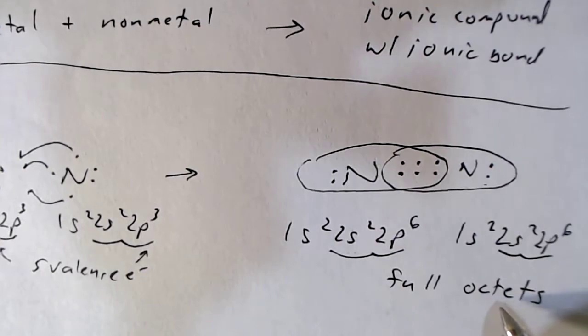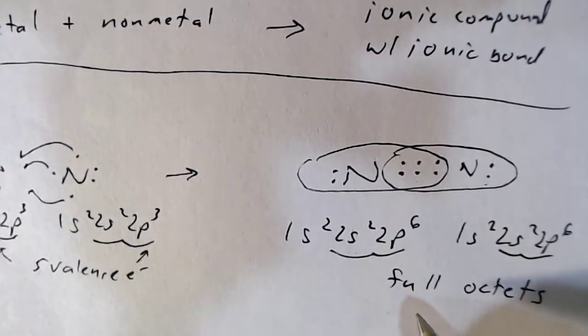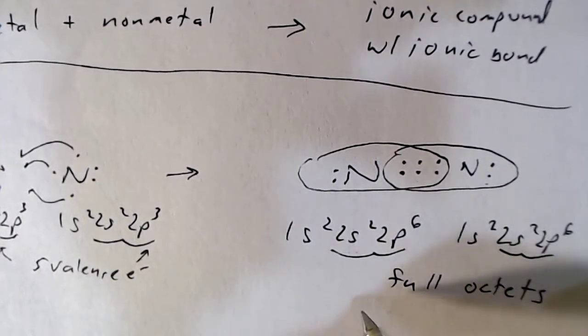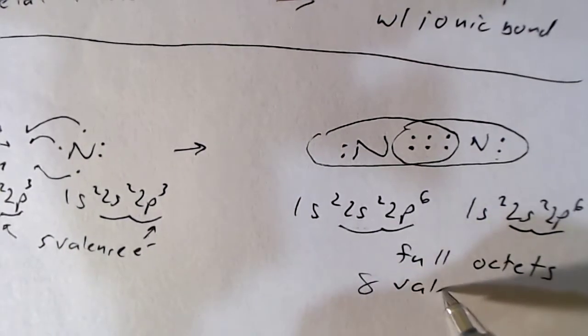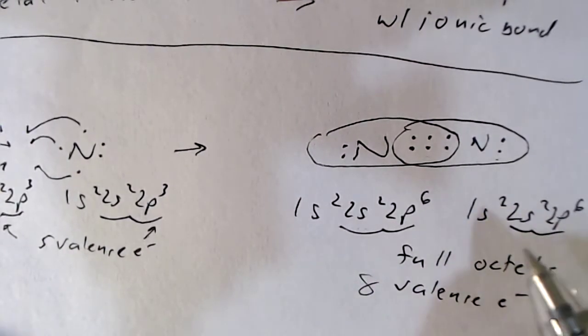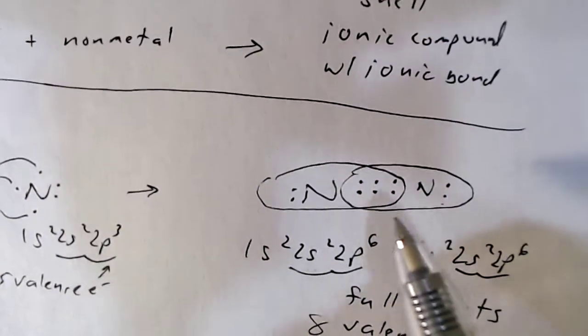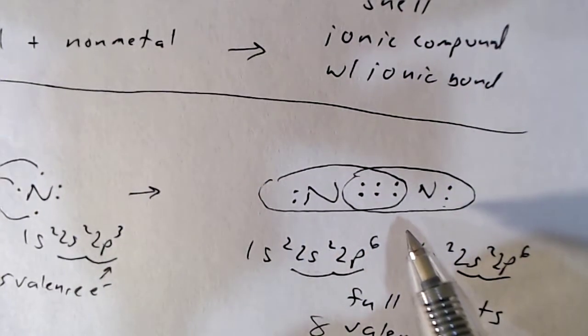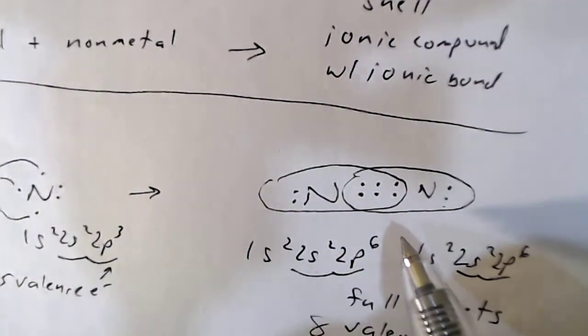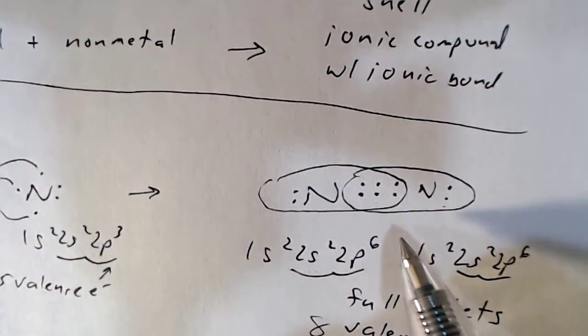Oct means 8. They have 8 valence electrons. This is one way to draw the structure that you have when nitrogen molecules are present.